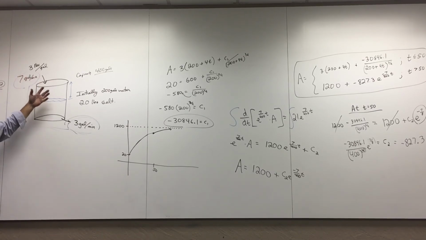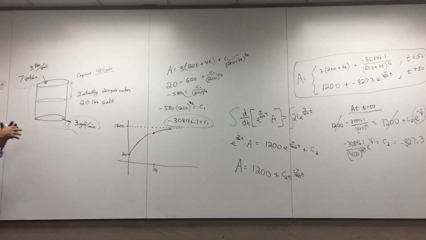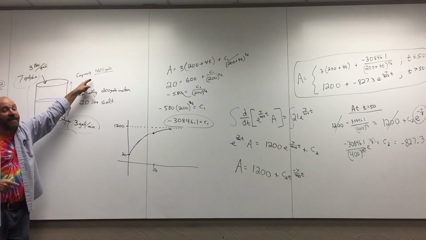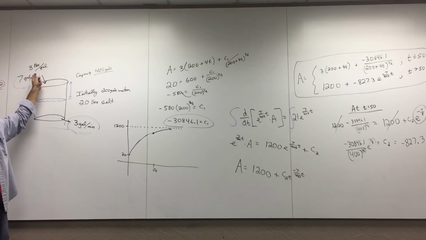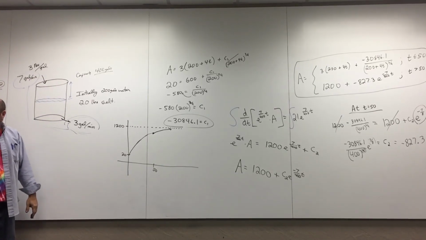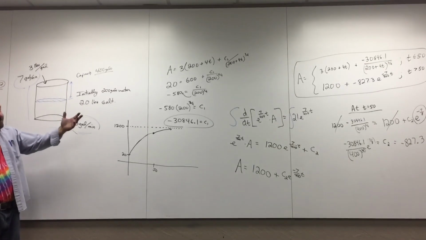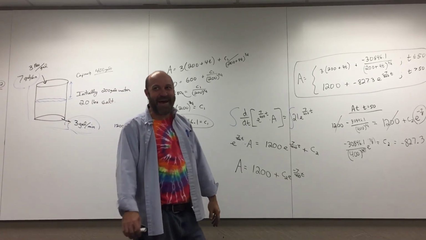The well-stirred mixture gets drained, but it's gaining concentration, and the most concentrated it ever gets is the incoming concentration, 3 pounds per gallon. It's a 400-gallon tank. It's going to be full of water, 400 gallons, 3 pounds per gallon. We're going to have 1,200 pounds of salt in the tank. Luckily the math works.